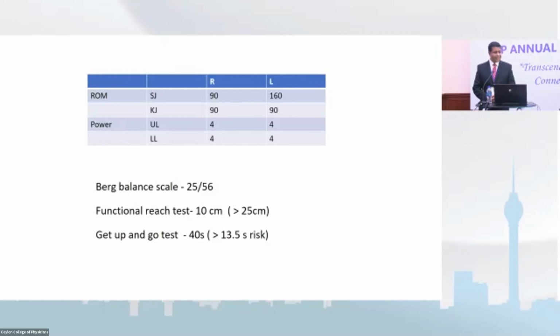She also did the Timed Up and Go test, which she recorded as 40 seconds. If it is more than 12 to 13.5 seconds, the Timed Up and Go test indicates a high risk of falls. I'll discuss these things in detail, because they are very important when we are assessing falls.